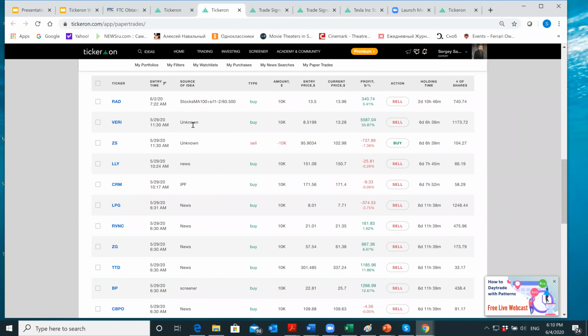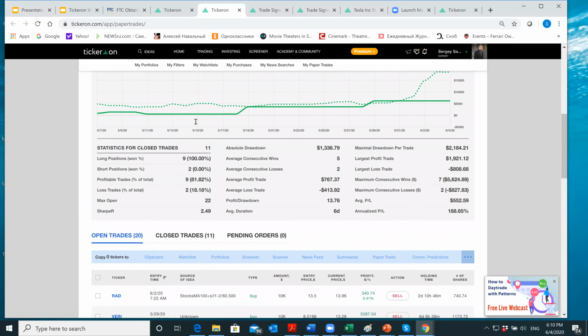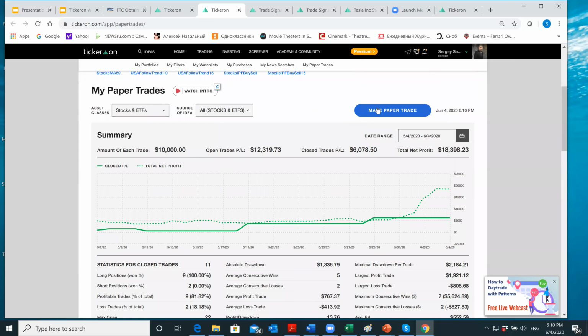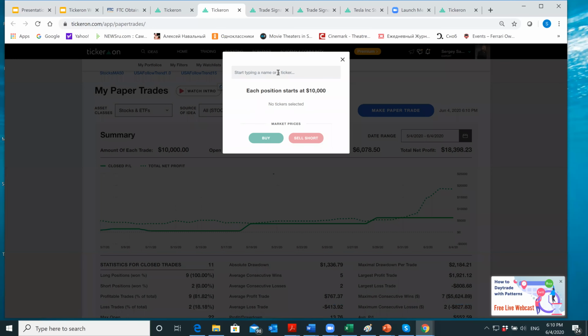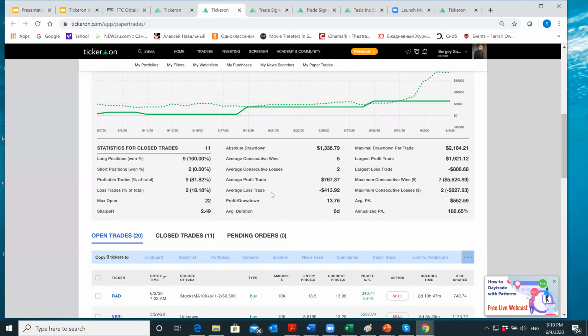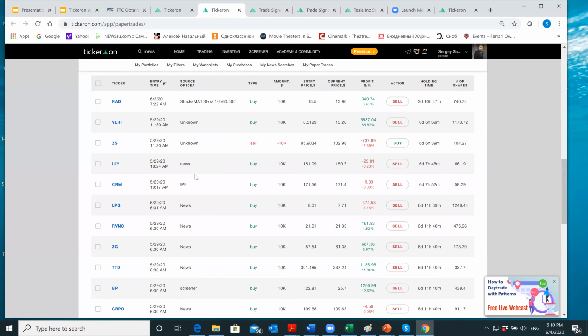This is an important column which shows where I took some of the ideas. This most likely was done right from here. You just click here, make a paper trade. You type here, let's say FB, Facebook, and then you can buy or sell for 10,000. That most likely was the case. But then you can see that this trade was made out of news. This is IPF, our intraday pattern feed.